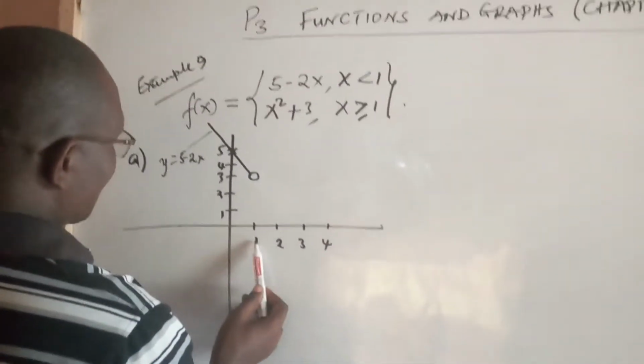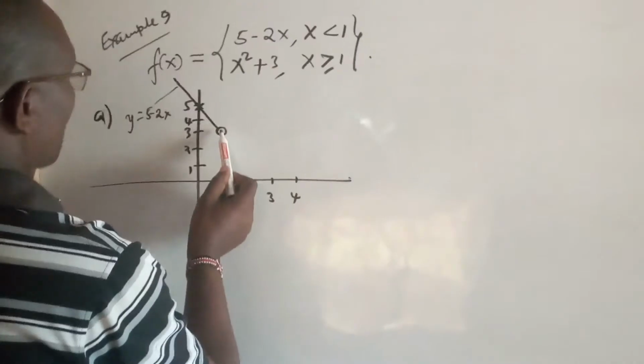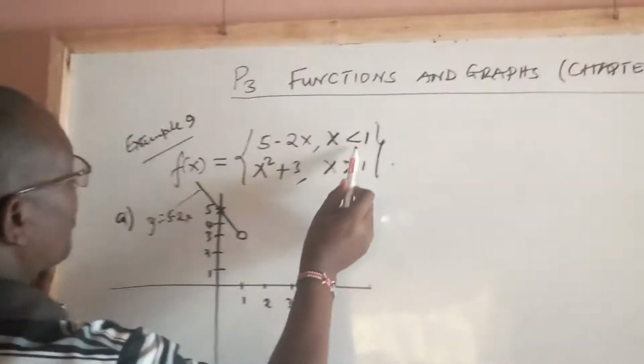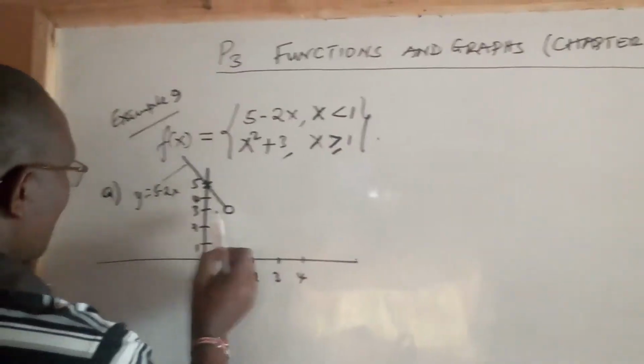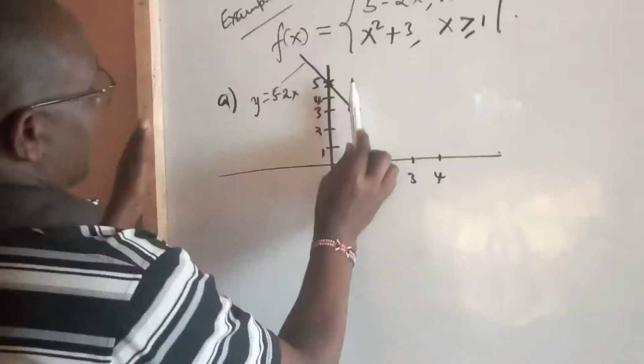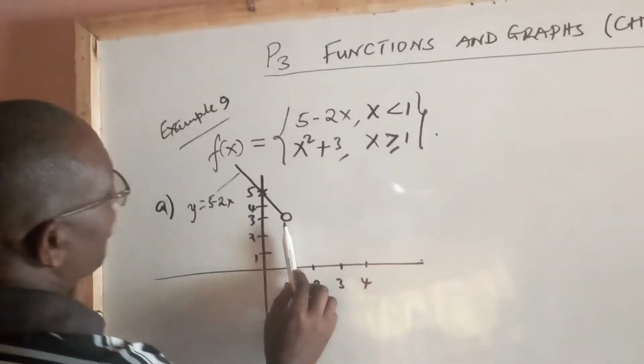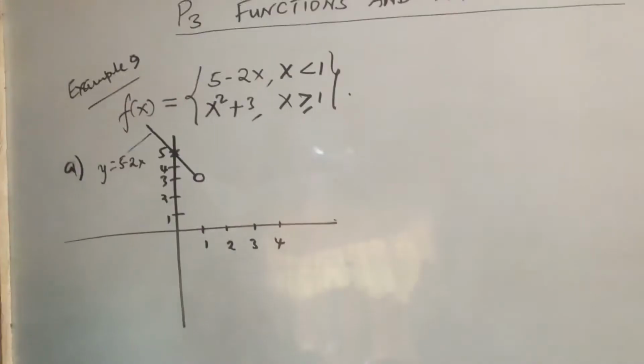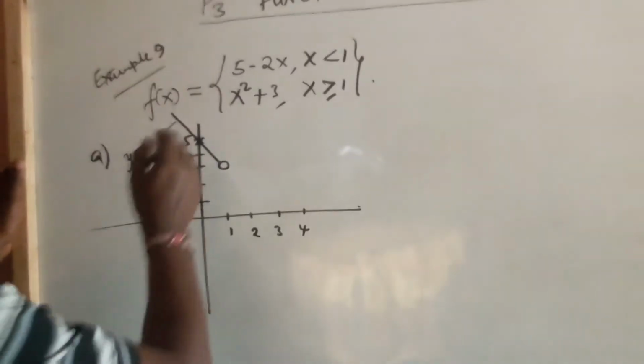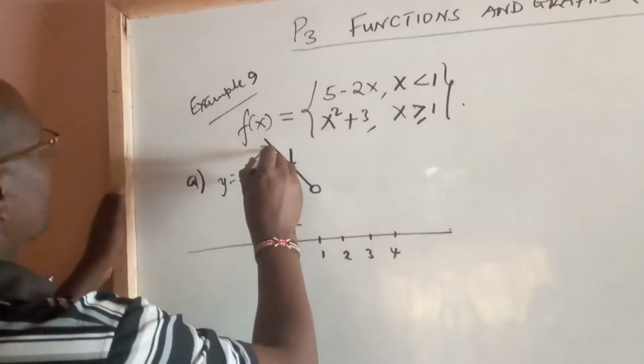Even when x is 1, we are not supposed to shade it because x being 1 itself is not included. So when x is less than 1, we can talk about all other values, not when x equals 1 and not when x is greater than 1. We overlooked that, but now it's corrected.